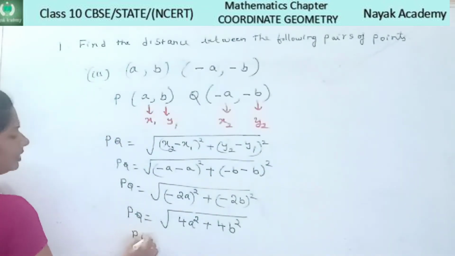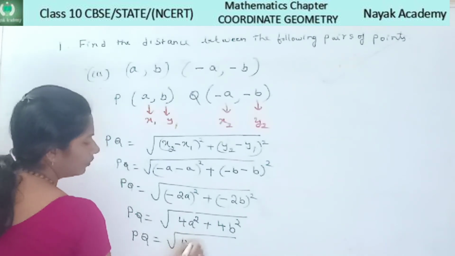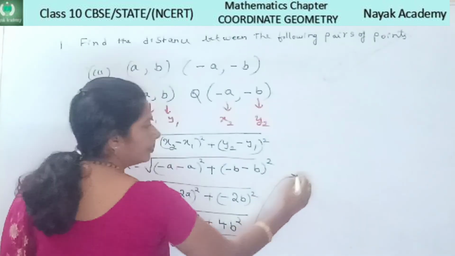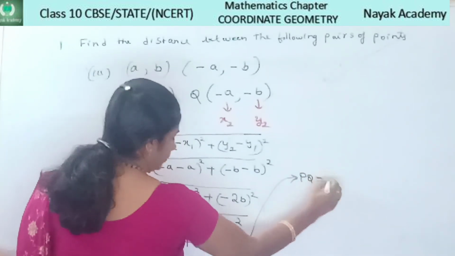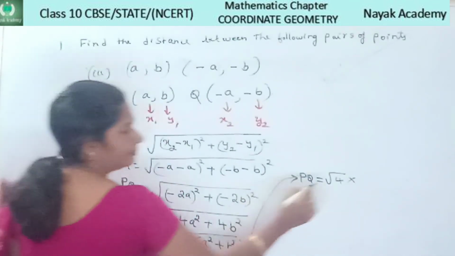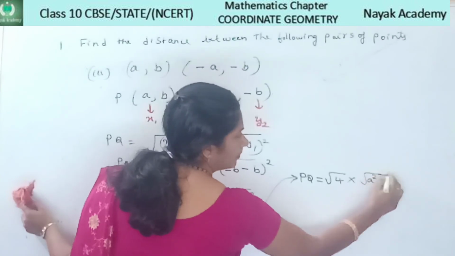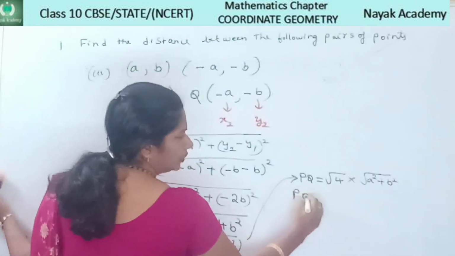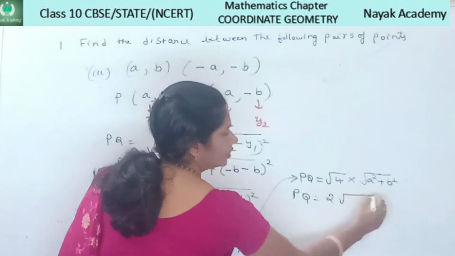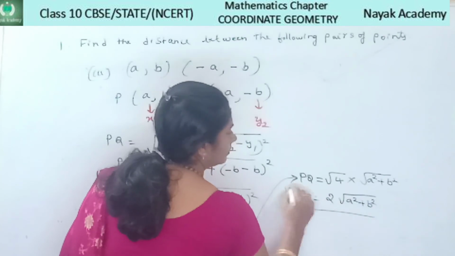If I take common outside, 4 is common: square root of 4 times (a square plus b square). PQ equals root 4 into the remaining part, root of a square plus b square. So PQ equals root 4, which is 2, into square root of a square plus b square units.